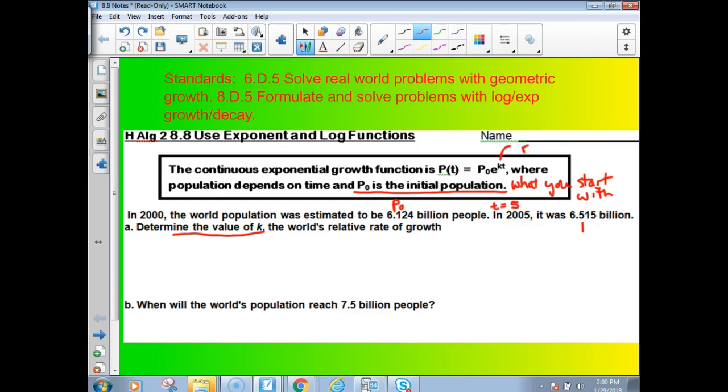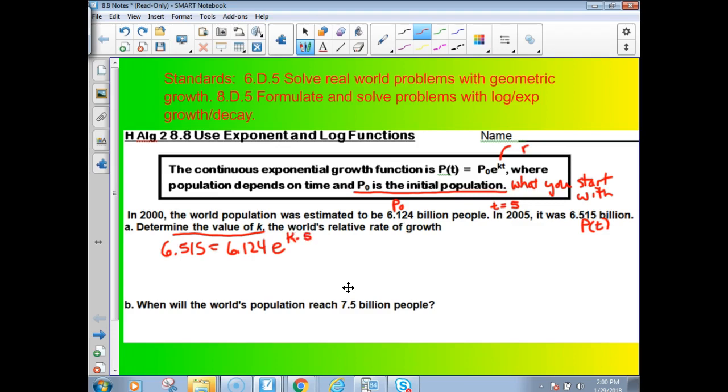So this will be your P of T. Okay, that's going to go in for your P of T. All right, so here we go. We're going to do an equation. We're going to put in 6.515 for the P of T. That's equal to 6.124 times E to the K. And what is our time? 5 years. 5 years since 2000.